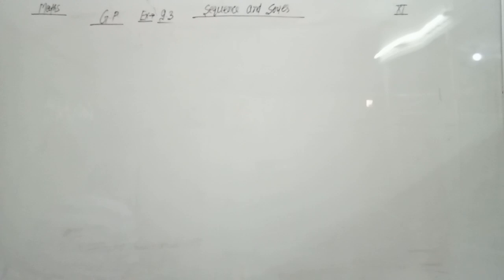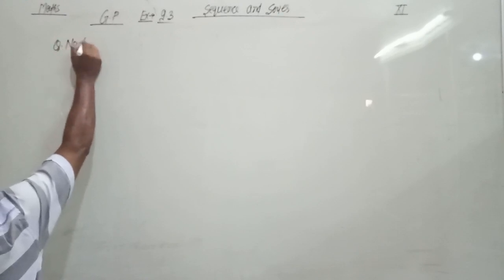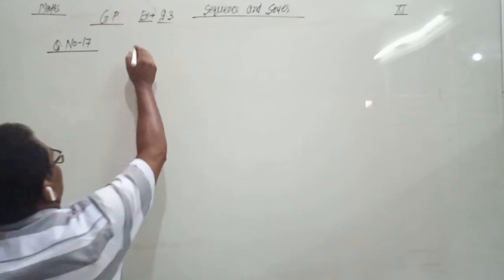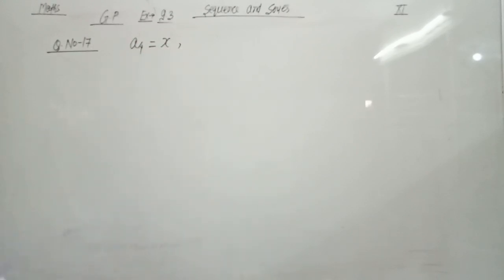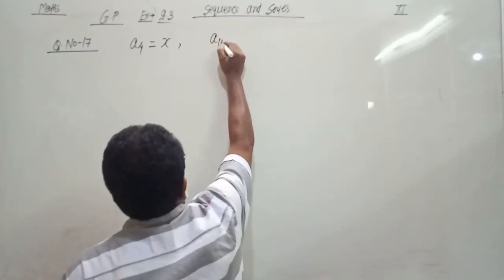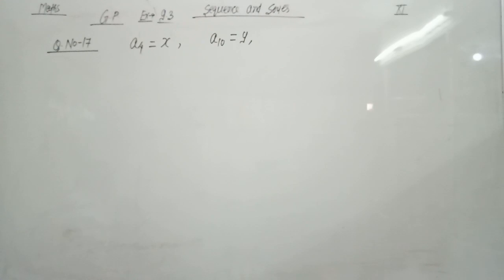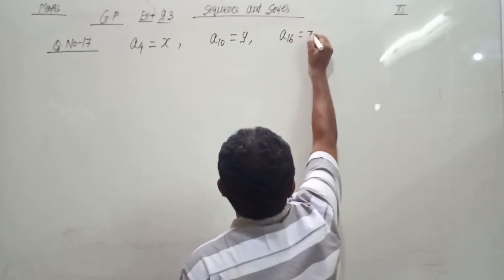Question number 70. If the 4th, 10th and 16th terms of a GP are x, y and z, 4th term of a GP, a4 equals to x, 10th term is y, a10 equals to y, and 16th term is z, a16 equals to z.